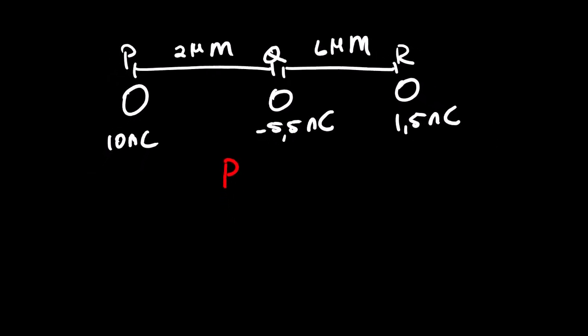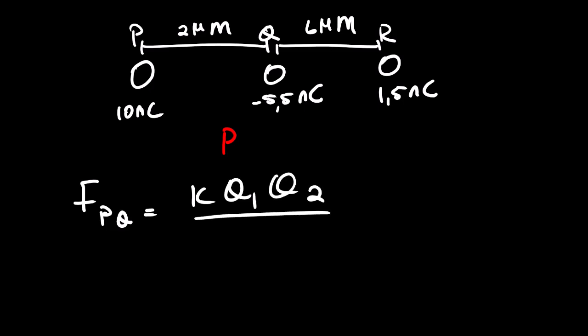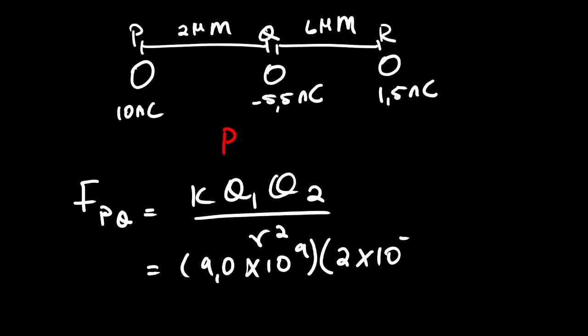The first thing we need to do: FPQ is equal to k Q1 Q2 over r squared, with 9.0 times 10 to the power 9. Q1 is 10 times 10 to the power negative 9.